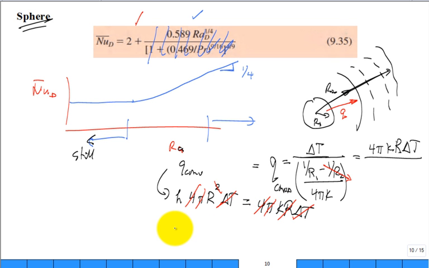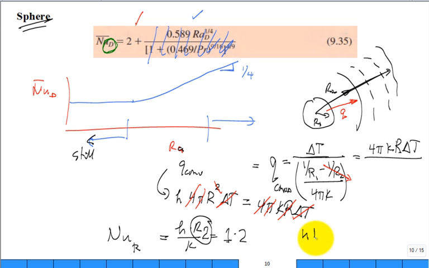And what do we have? We have h times r, and I can bring over the k, is equal to 1. This looks like a Nusselt number, doesn't it? But that Nusselt number has a length scale of r. And what is our length scale of this Nusselt number? D. So if I wanted to, I would multiply this by 2. Now 2 times r is d, so we have hd divided by k, so there's my Nusselt number based on D, equal to 2. And there's a quick derivation of that 2.